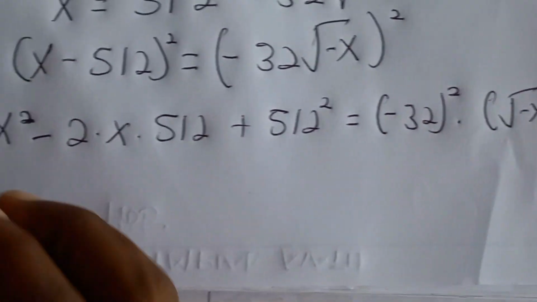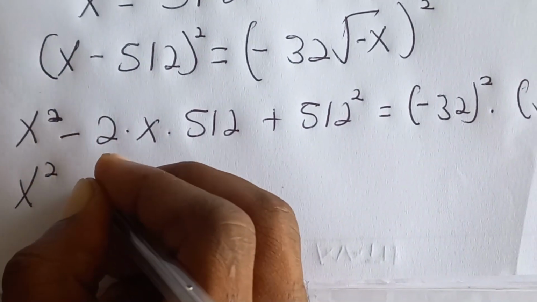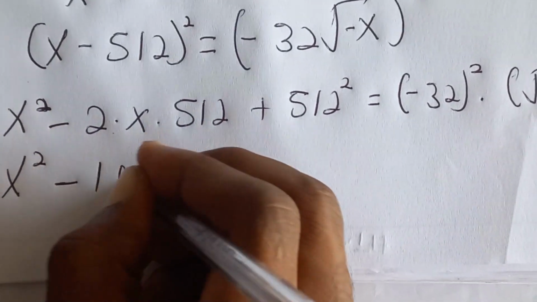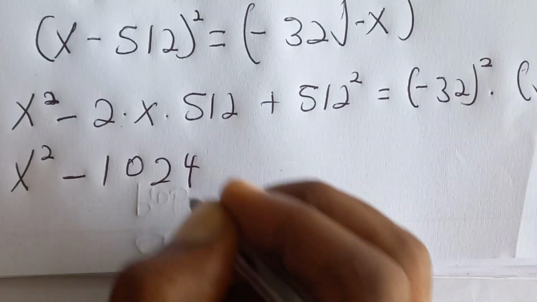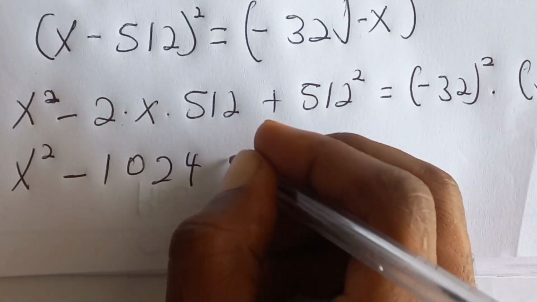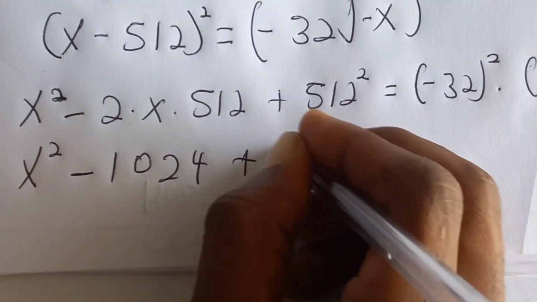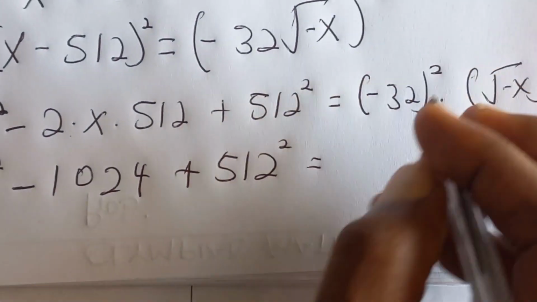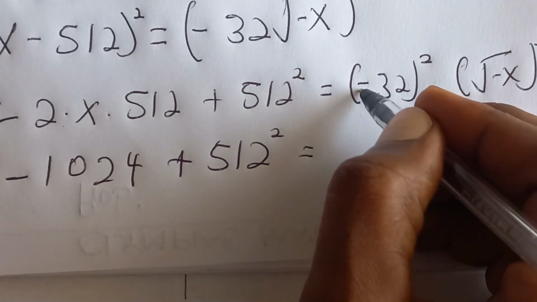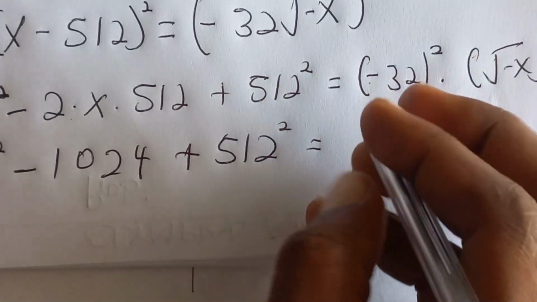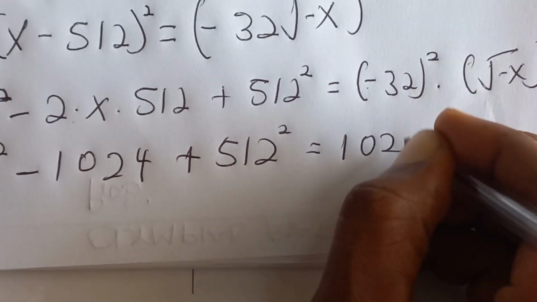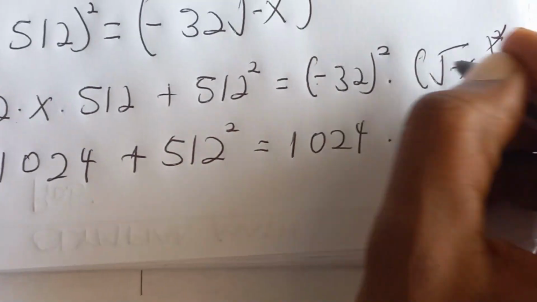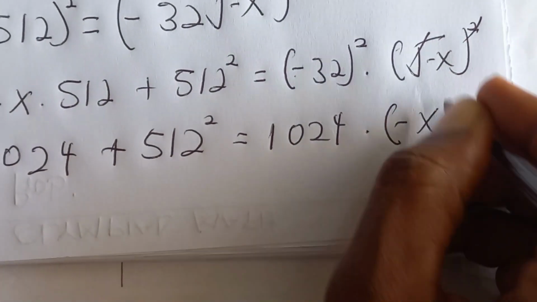So now we have x squared minus 1024x plus 512 squared, which is equal to negative 32 squared, giving 1024. Multiplying by this one will cancel this, so we are getting negative x.